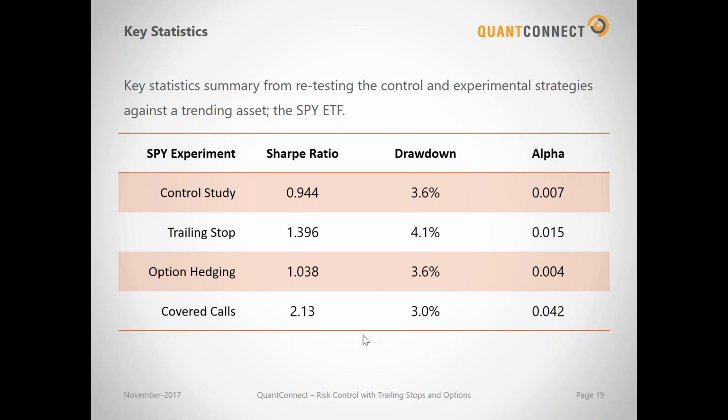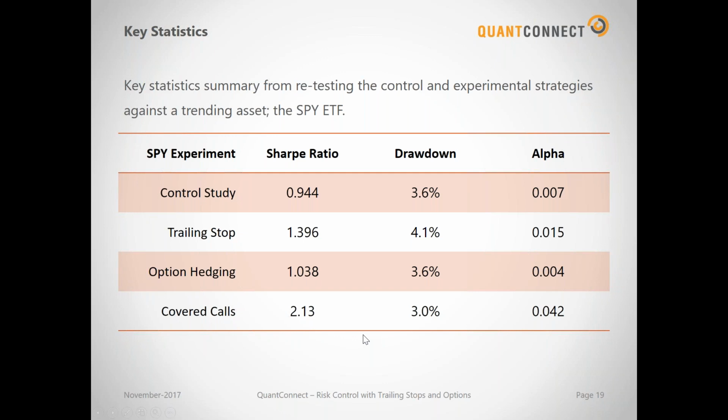So again, keep in mind that this is all a theoretical example. So we're walking through a strongly trending asset and a range-bound asset to see the impact of different risk control techniques. And the idea is to try and give you a framework so that you can explore your own ideas in a systemized way.